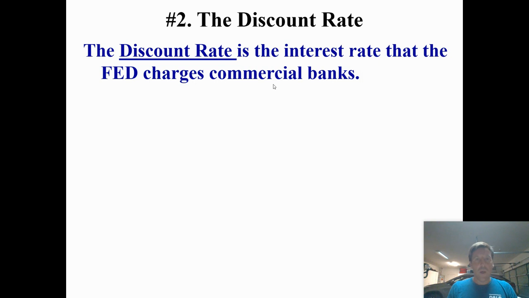So if the discount rate is the interest rate that the Fed charges banks to borrow money, a higher interest rate, let's say 5%, is going to curb my willingness to loan out all my excess reserves, right? If there's a really high penalty for something, I may not do it.